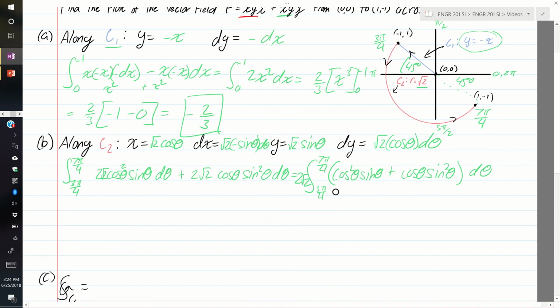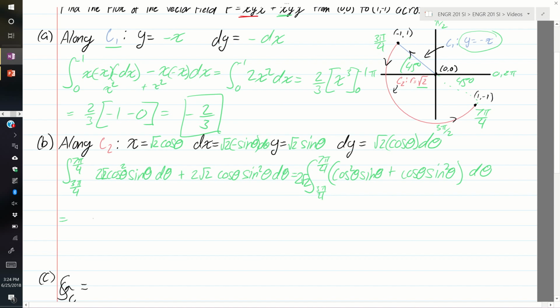We're going to have our u for the first part of this equation to be cosine, while du is sine theta. And we'll have u for the second part be sine theta, while du is cosine theta d theta. So pretty much we have two there. We have u squared for both of these, and they're going to become u cubed with this different u. So again, like I said, for the first one it's cosine, and the second one is sine.